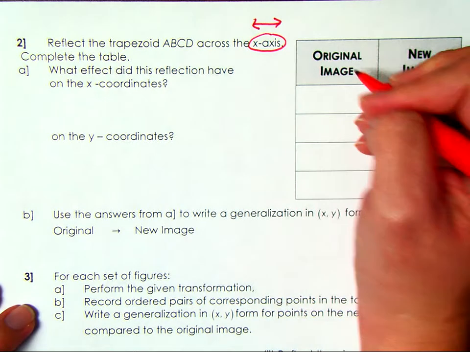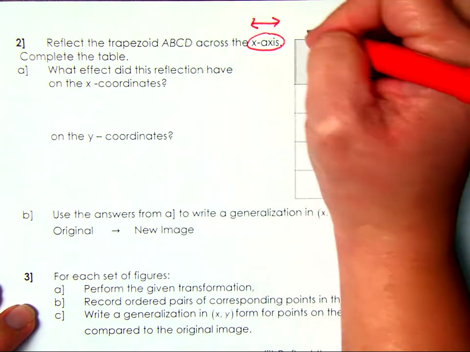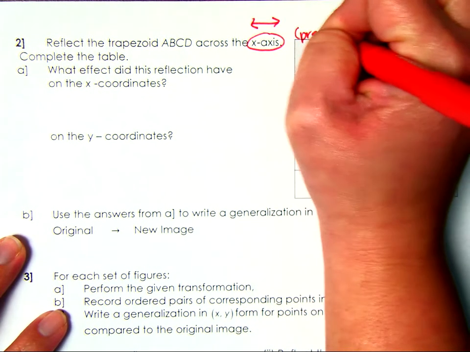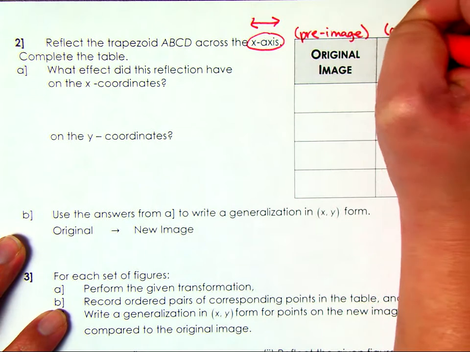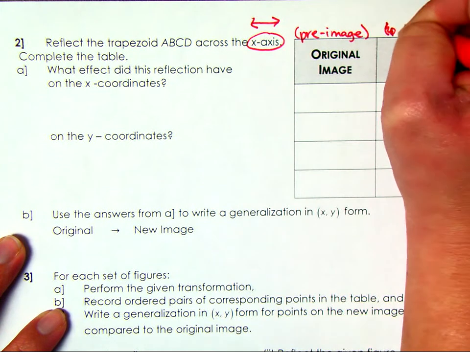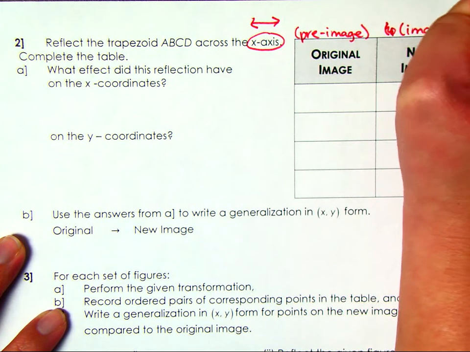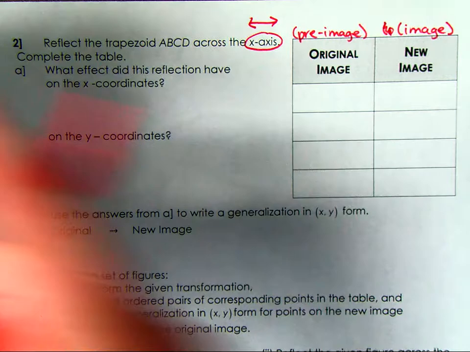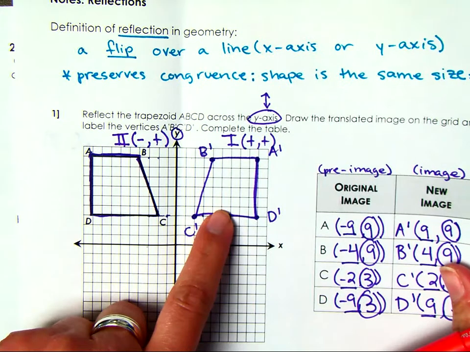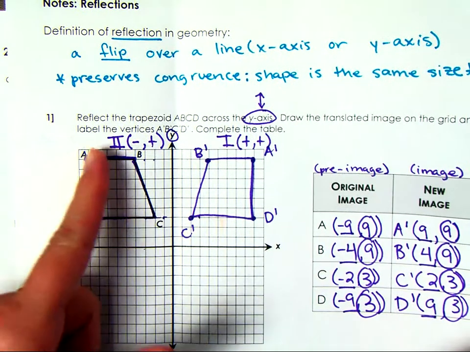Okay, so the original image, or the pre-image, is what we started with. And the new image is, we can also say just image. So again, we need to know that vocabulary. So the original image, this was not my original image. That was my new image when I reflected across the y.